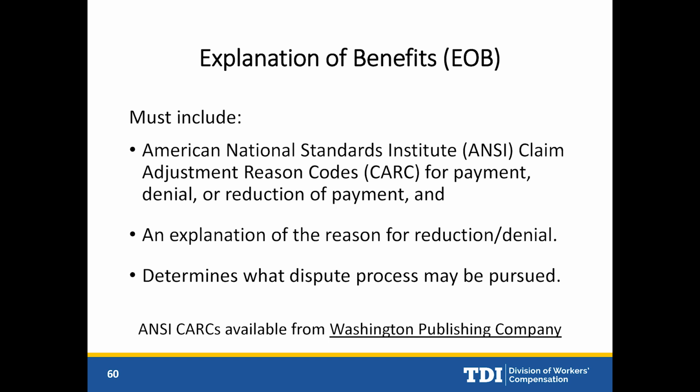Then they also have to include an explanation of the reason, not just the code, but an explanation of their decision. And that will help you determine which dispute process you need to pursue if that's what you wish to do.